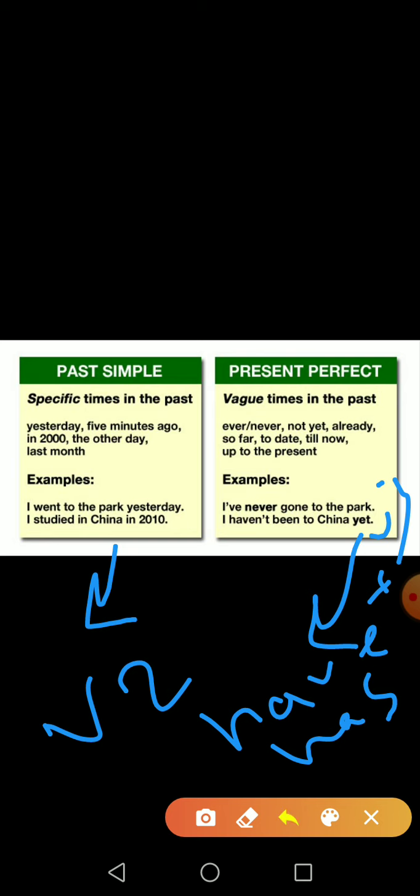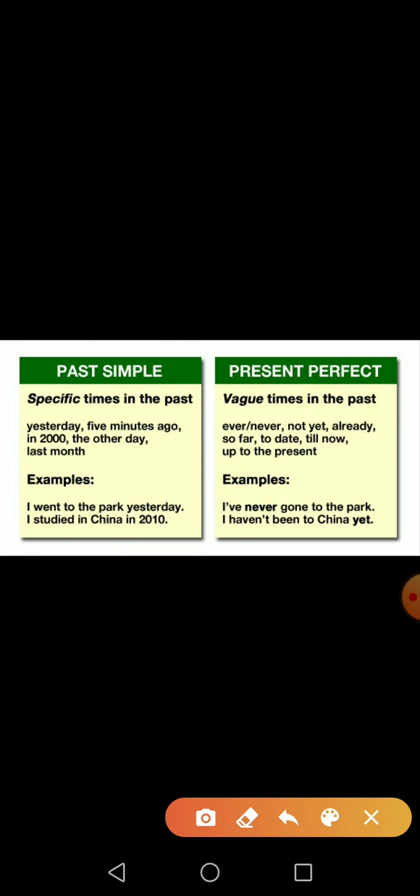Okay, very good. Now, let's see the keywords of each one. The time expressions: yesterday, 5 minutes ago, in 2000, the other day, last month. These are the keywords. For present perfect, we use ever, never, not yet, already, so far, today, till now, up to the present.